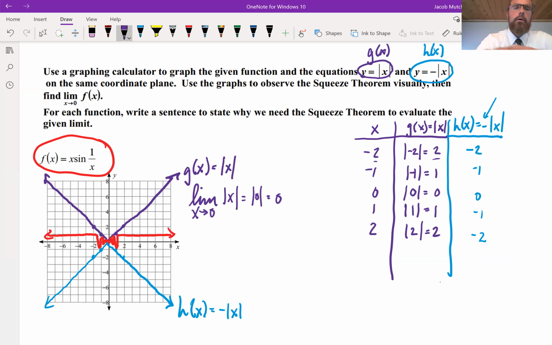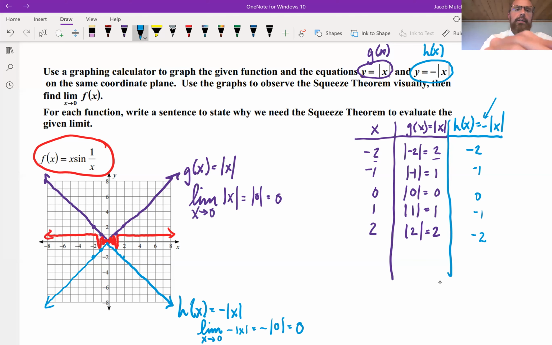Similarly, if I look at this lower h of x, the limit as x approaches 0 of negative absolute value of x, again, direct substitution, negative absolute value of 0 is 0.